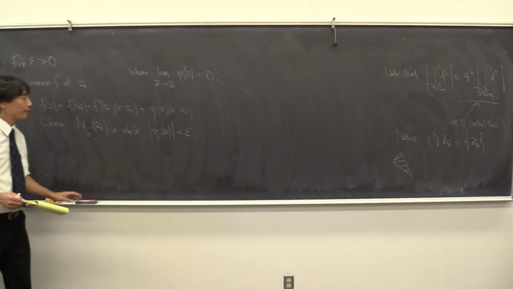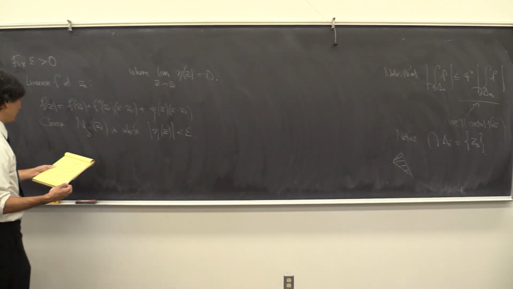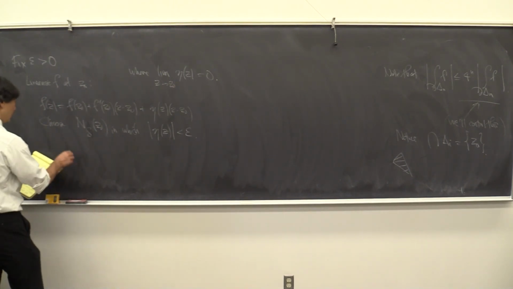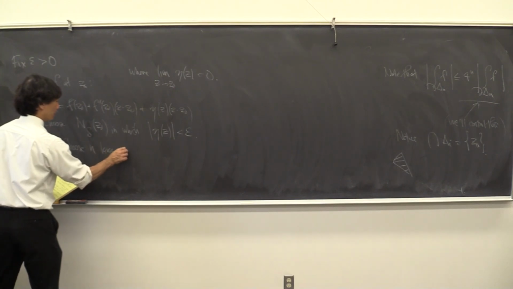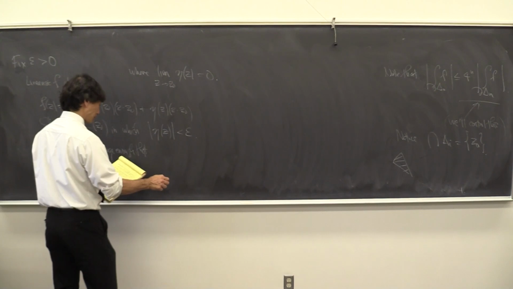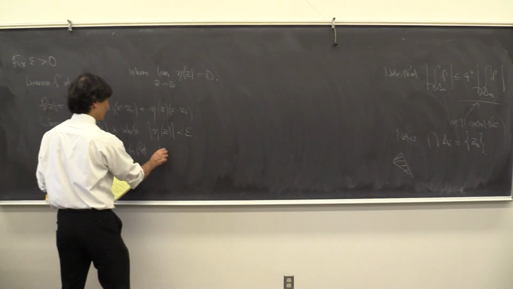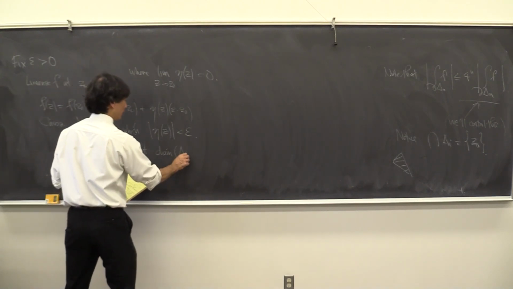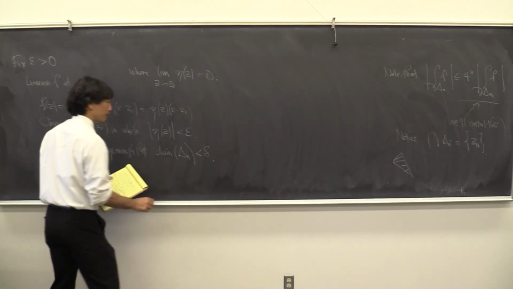Now choose n large enough that the diameter of the nth triangle is smaller than delta.